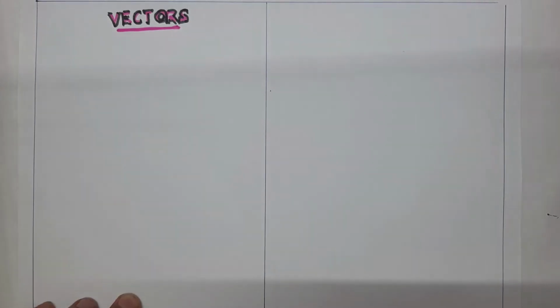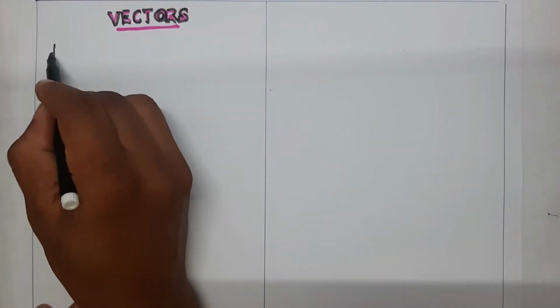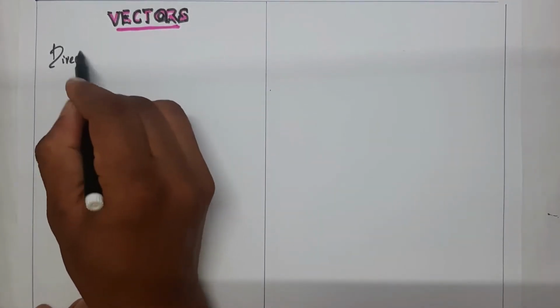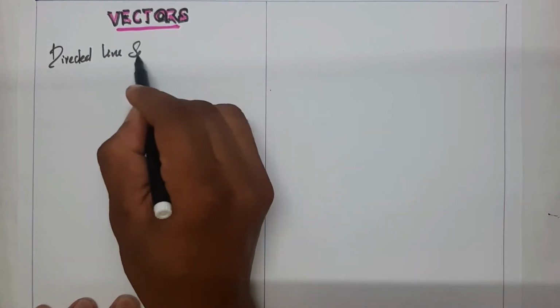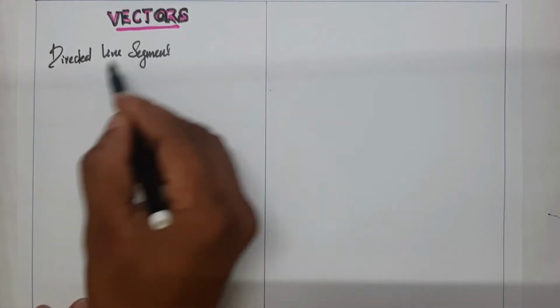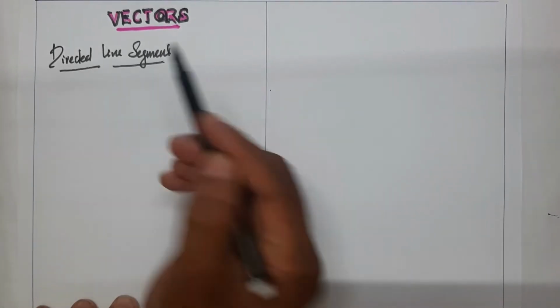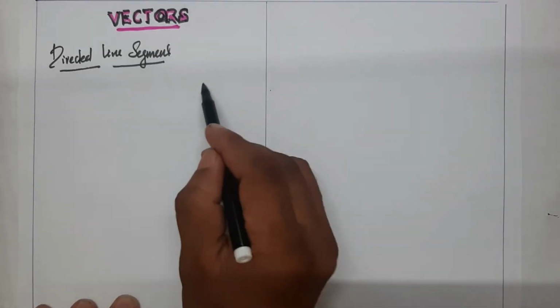Here, mathematically, vectors are represented using a directed line segment.